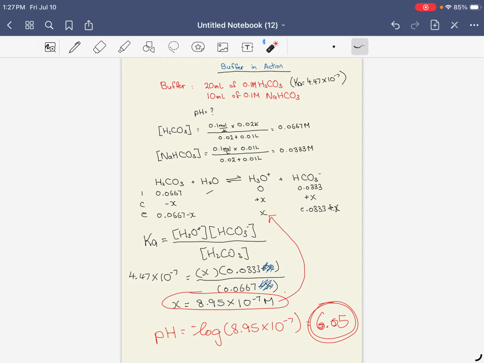It's not going to be very low; usually buffers are between 5 and 9. We call those good buffers, and for this one, a carbonic acid buffer at 6.05 is absolutely fair. So that's how you calculate the pH of buffers.